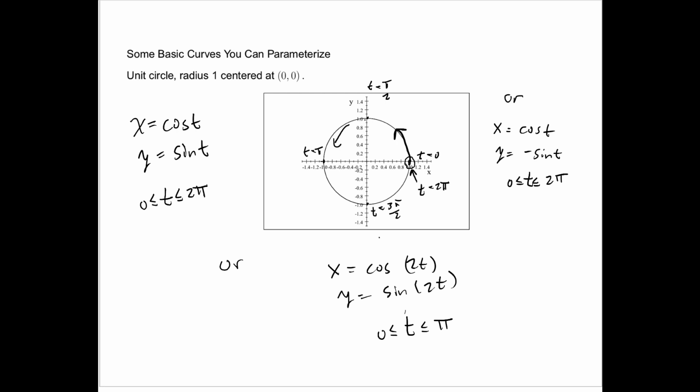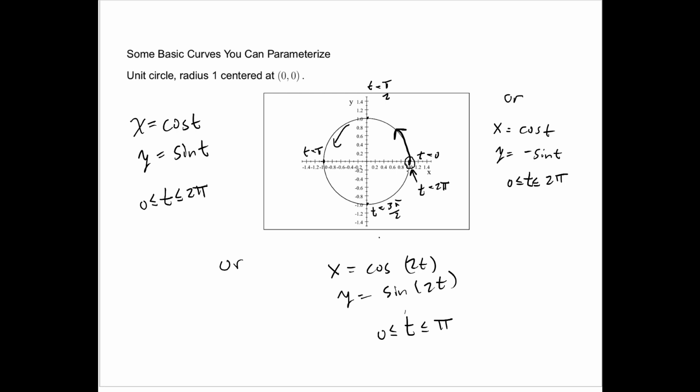But now we'll get here, I'll use the term more quickly, when t equals only pi over 4, then the 2t here will be pi over 2, so we'll be at the point 0, 1. And then we'll get here when t equals pi over 2, we'll get down here at the bottom when t equals 3 pi over 4, and we'll get back to the starting point when t equals pi.